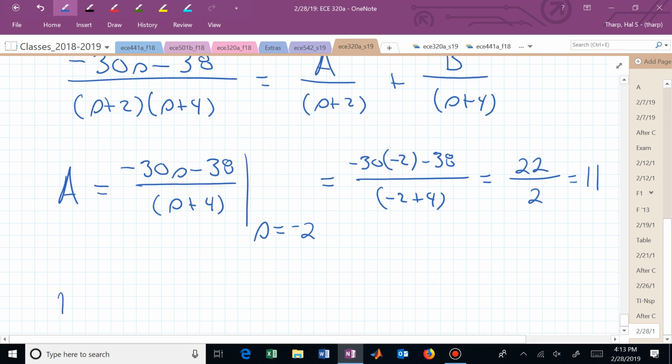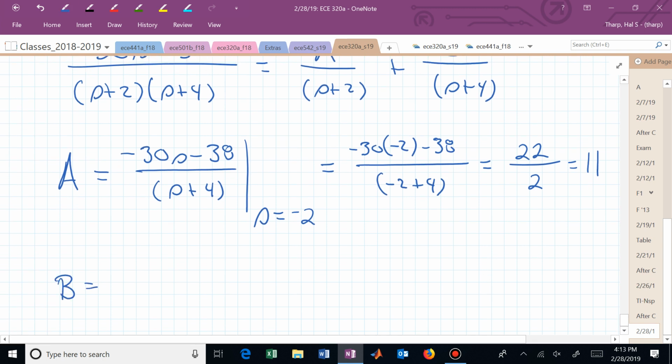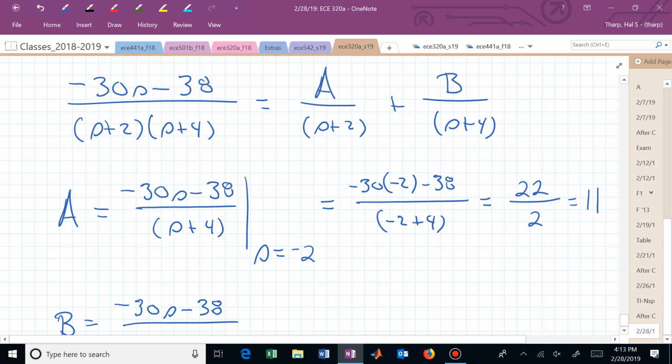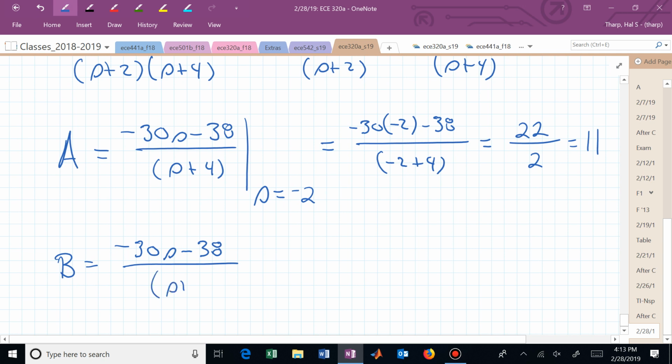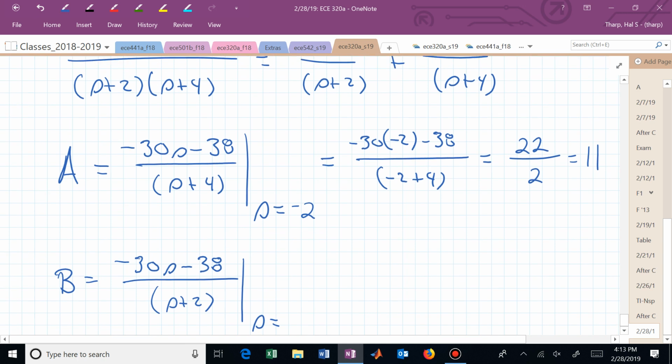B is now minus 30s minus 38. We're covering up the factor underneath B, so now we're left with s plus 2. What's the s value that we use?